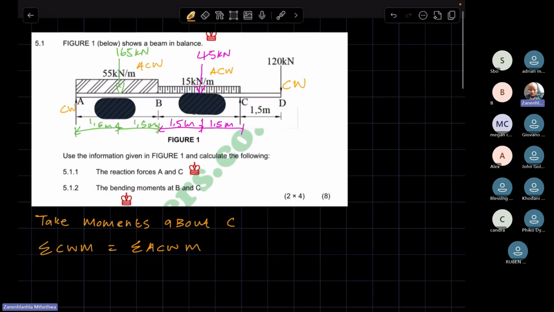Because with beams, if you don't know how to establish the turning effect each of the forces has towards the points you are taking moments about, that's pretty much it. You definitely have to get this part right because everything else is just maths. The most important part here is that you establish the correct turning effect each of these forces has towards the point you are taking moments about.